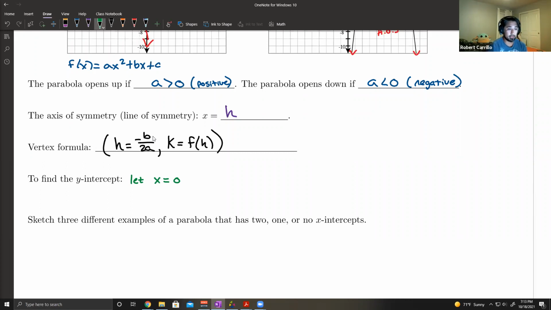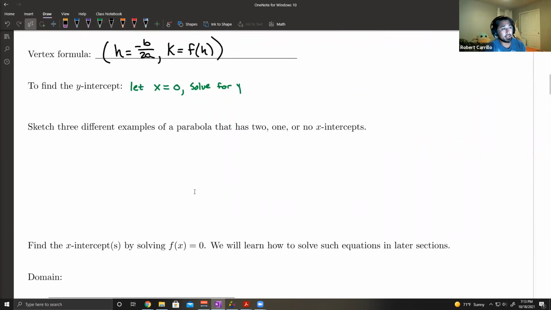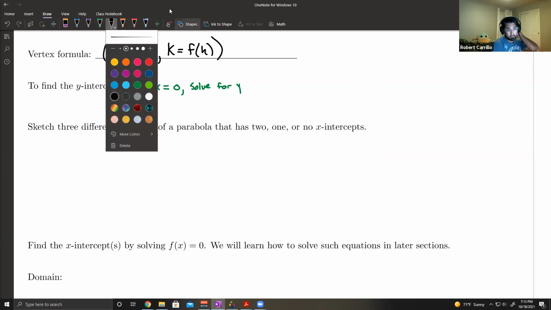Let's say let x equal 0. Solve for y. Okay. And then this says, sketch 3 different examples of a parabola that has 2 x-intercepts, 1 x-intercept, and no x-intercepts. Okay.